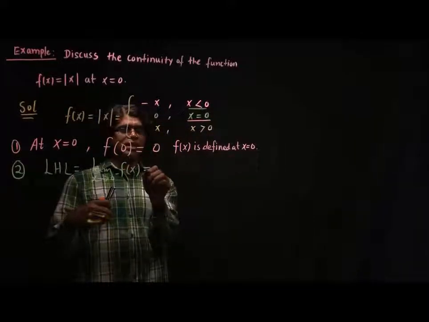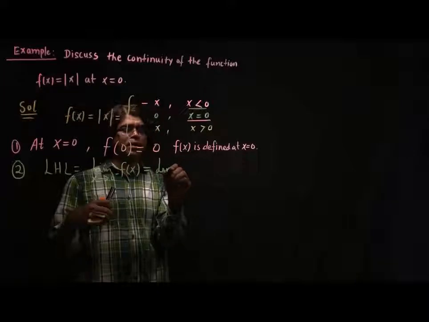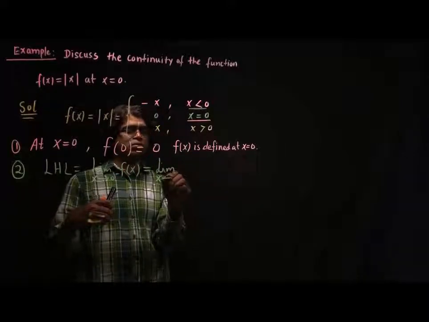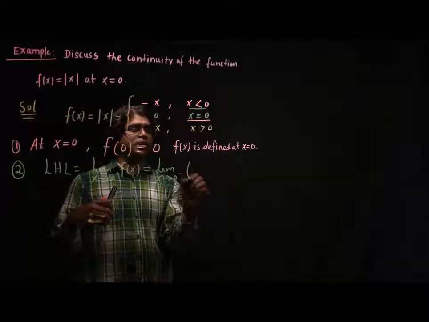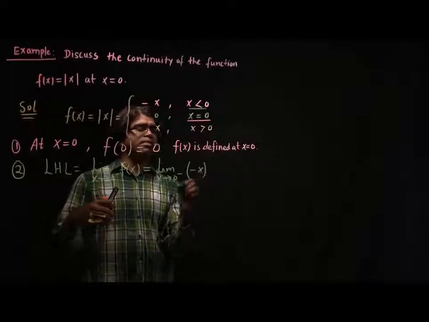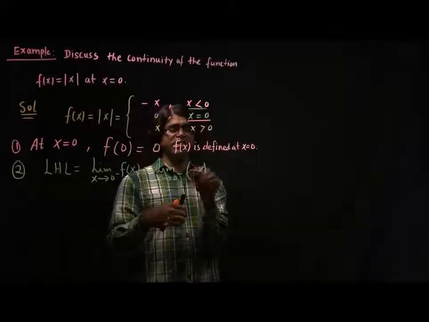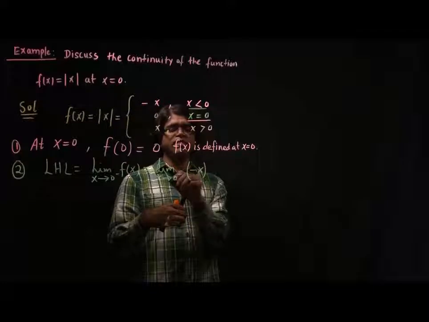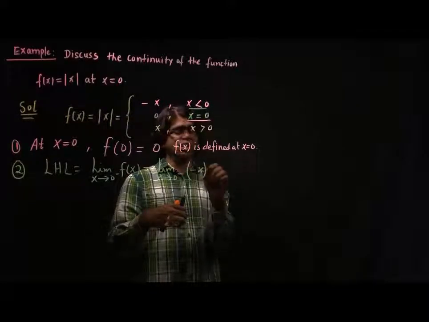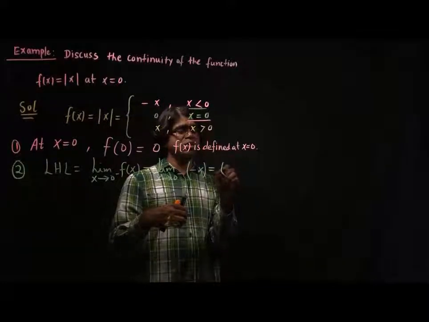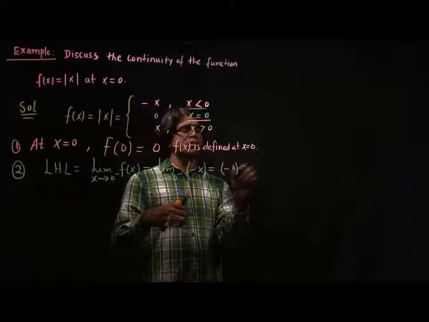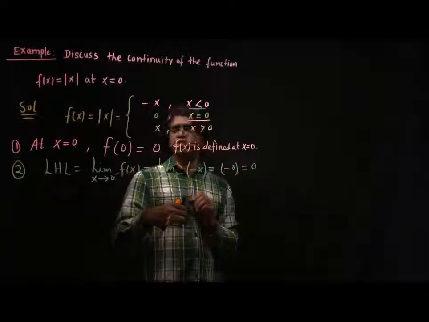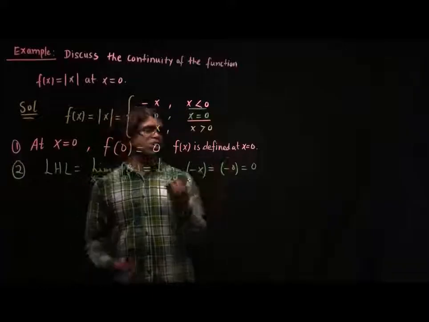So I'm going to write this as the limit as x tends to 0 minus of negative x, right? If we simplify, we substitute the value of x as 0. So I will write this is equal to negative 0, which is equal to 0. So my left-hand limit is equal to 0.